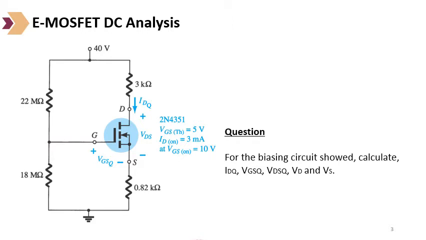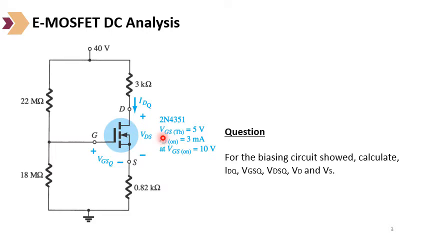As you can see here, the VDD is 40 volt. And then you have the gate, the drain, and the source. These are some of the information that you have to extract from the question, meaning that you have to identify some of the parameters that have been given in the question.